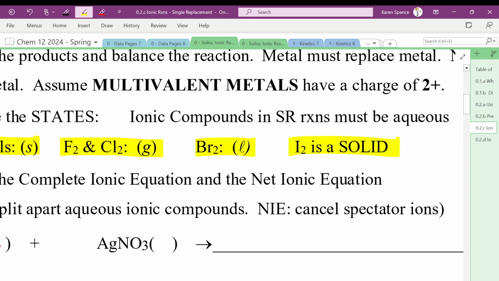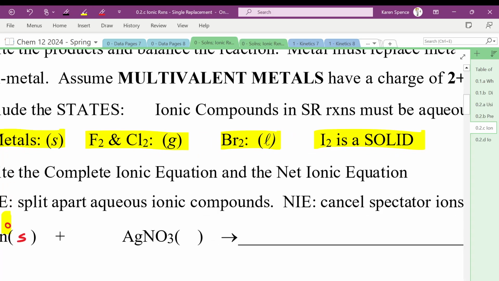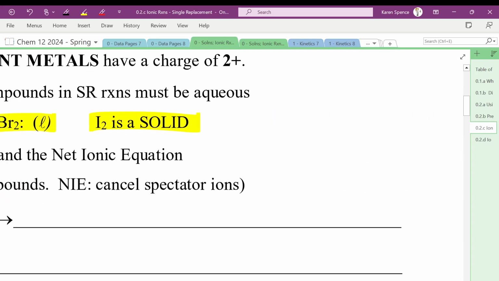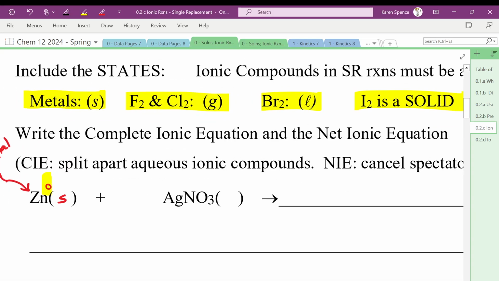I'm not expecting you to know those things, but they're there just to help you write these in this particular context. Now, all of these are taking place in aqueous solution, but even if we throw some zinc into some water, it's still solid. So if you throw some metal in water, it just stays metal.